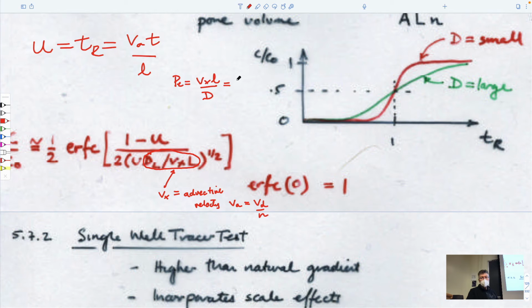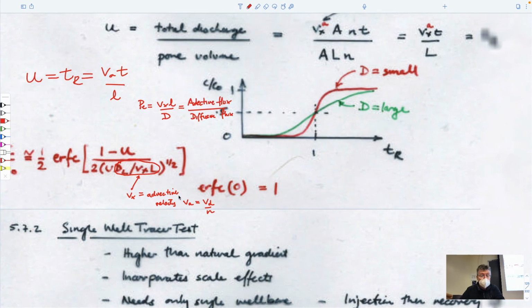This is the ratio of advective flux, and flux is just a fancy word for the mass rate, divided by diffusive flux. In other words, the flux carried by mixing and fixed wall. So that's what Peclet number is. And so, well, I don't think you need to use that, but it's there. It's just a derivative. It comes out of some of the expressions that we talked about on Thursday.